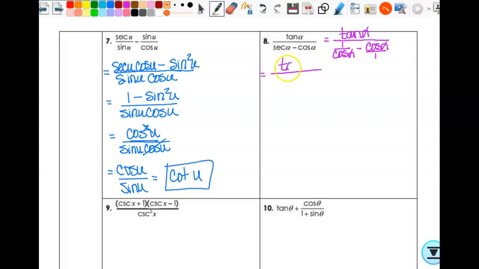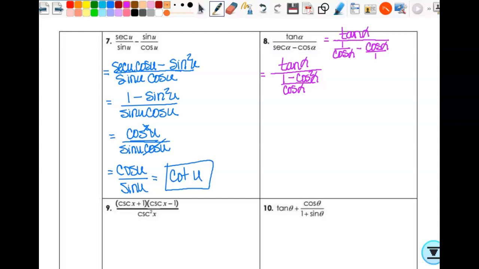My numerator is still tangent of alpha. The common denominator in the denominator is going to be cosine alpha, which means this one is fine, so it's just a 1 minus. This has to be multiplied by cosine over cosine, so that's going to give me cosine squared alpha. Okay, everybody okay with where everything came from?